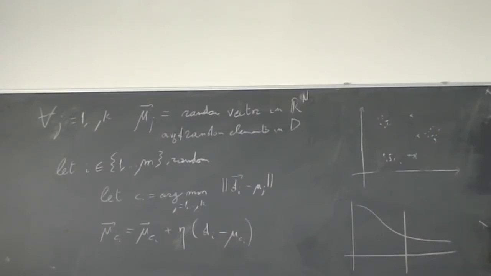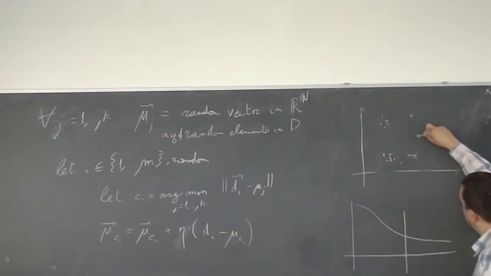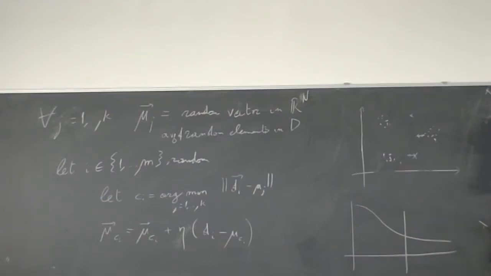So, what I'm proposing here is that every time we take a document, we slightly pull the corresponding, the closest representative towards that document.